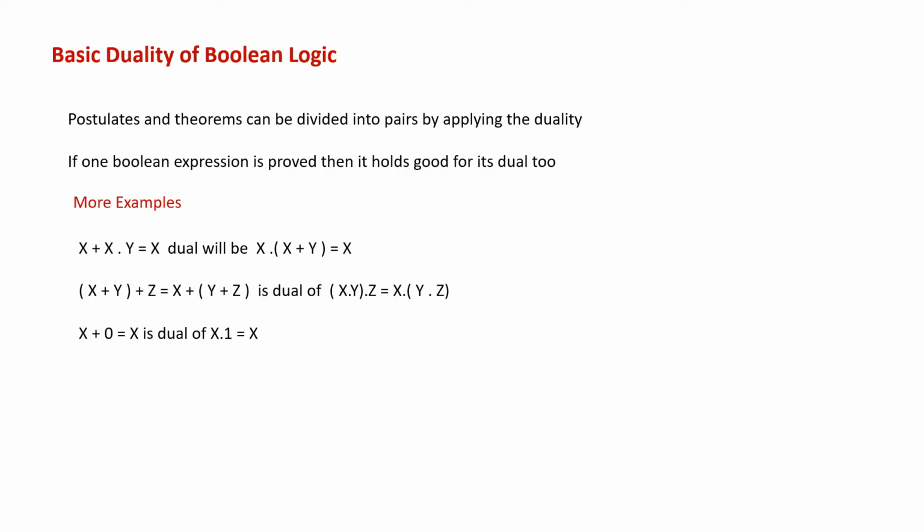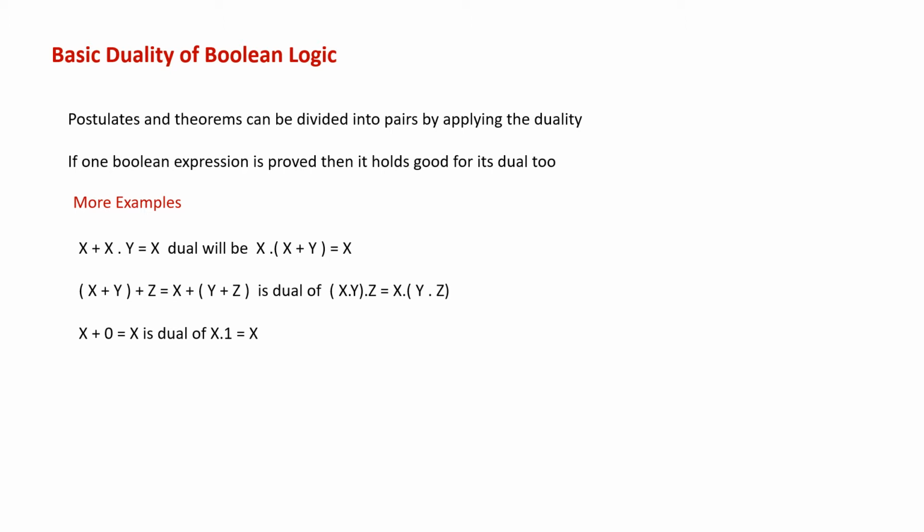There was one part which I skipped, which is the basic duality of Boolean logic, and we already had a look at the principle of duality, where one expression can be converted to its dual by changing each OR sign to an AND sign and each AND sign to an OR sign, and replacing each 0 by 1 and each 1 by 0.